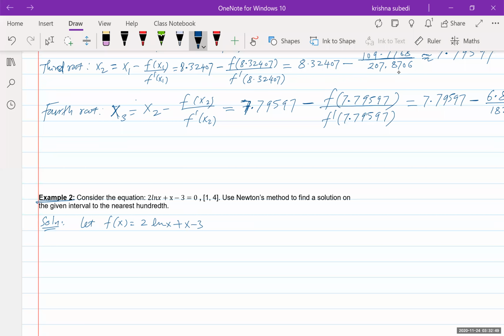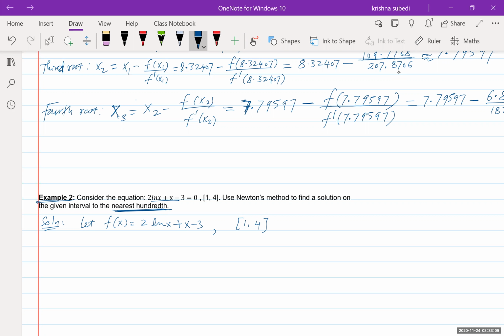I consider this as my function. And the interval given here is 1 and 4. Use Newton's method to find a solution on the given interval to the nearest hundredth. Nearest hundredth. Pay attention to that.